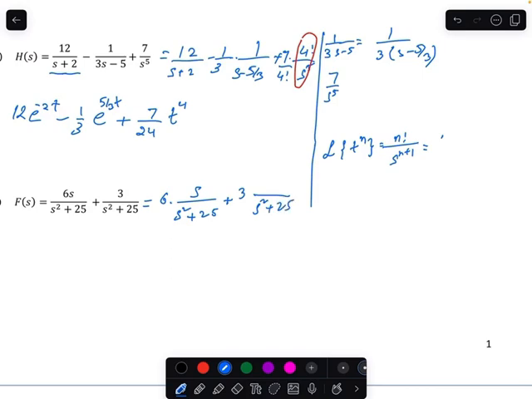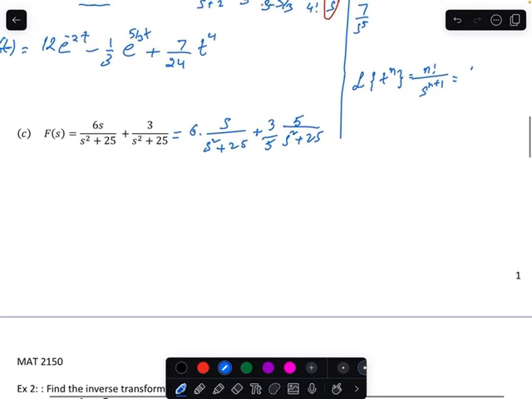Now, if I put a 1 here, then that is not a Laplace transform of any function. But if I have a 5 there, that will make sense. So I'll put a 5 here, but then I have to put the 5 at the bottom as well. So now I can take the inverse Laplace transform.